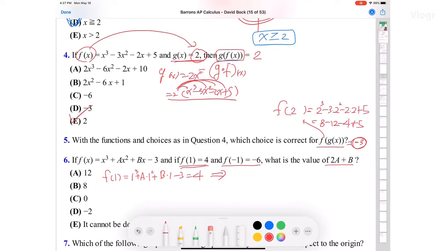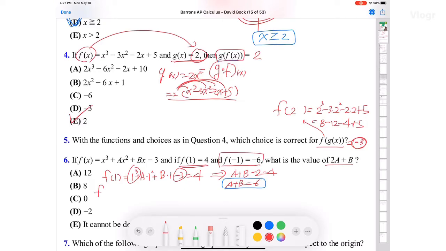Okay, just to simplify this. So 1 cubed is 1 plus a plus b. Then 1 minus 3 is negative 2. That equals 4, which means a plus b equals 6. Okay. And one more piece of information is given for us. That is, f of negative 1 is negative 6.